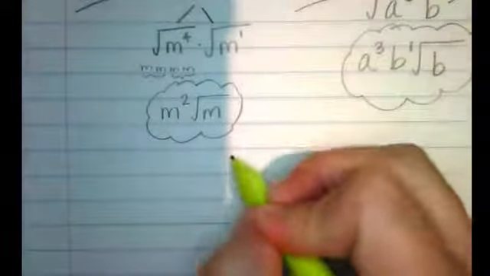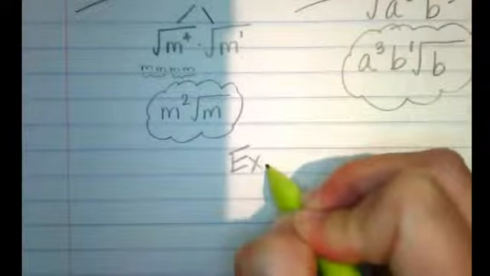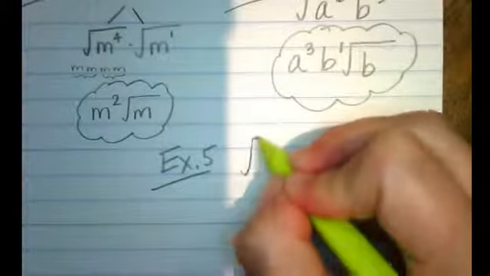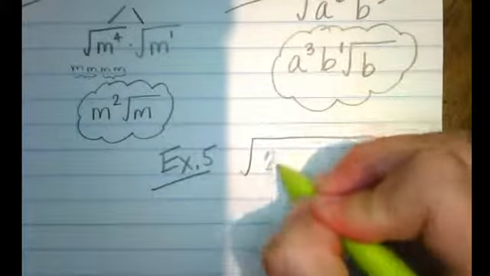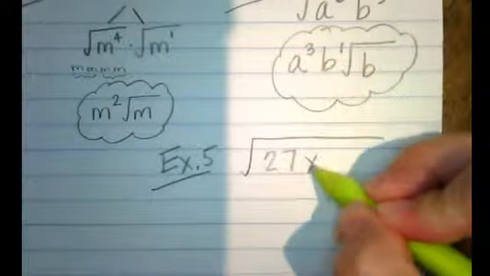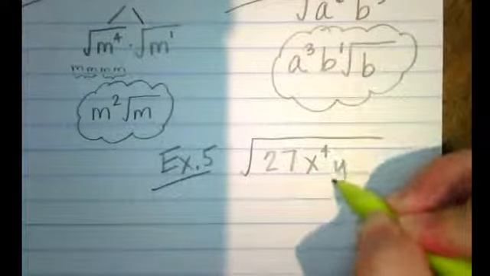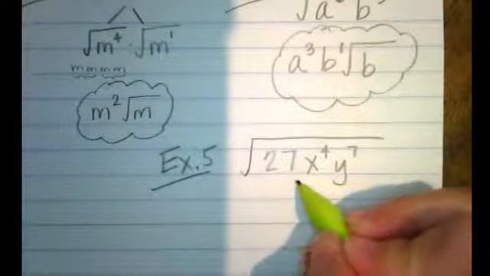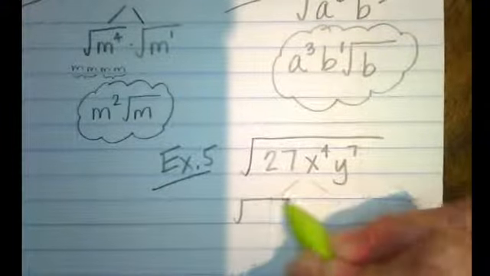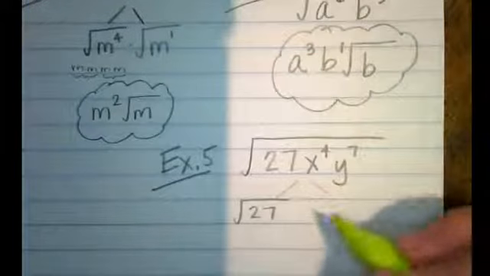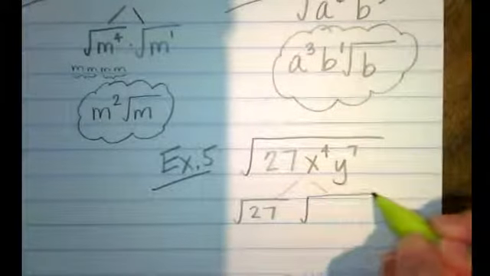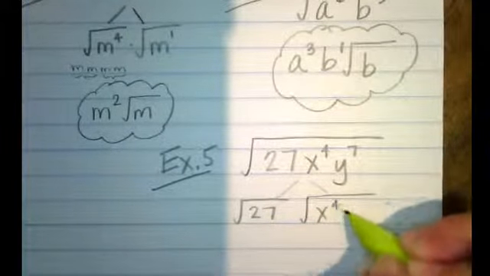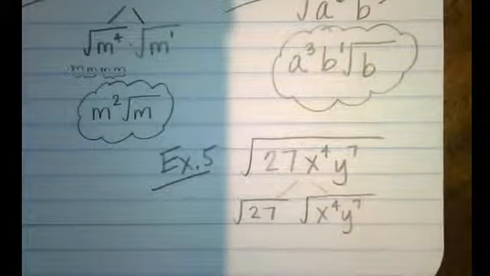All right, now to throw in numbers also. Let's say we had the square root of 27 x to the 4th y to the 7th. Okay, I'm going to break this apart into the square root of 27 and the square root of x to the 4th y to the 7th.